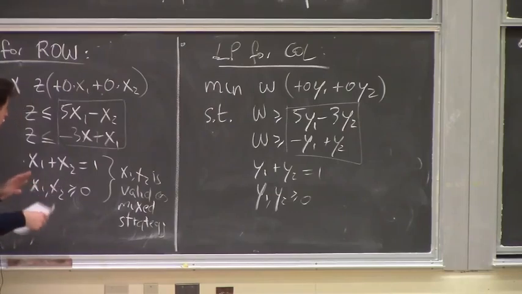All right, so let me just pause for a moment, okay? And say that in general, we're going to see now what happens in a general game where you have an arbitrary number of strategies for the row player, an arbitrary number of strategies for the column player. What we're trying to say is we want to mechanize, okay? We want to reduce finding the best strategy for either player to a linear program, which you can then solve using an algorithm for any linear program, okay?